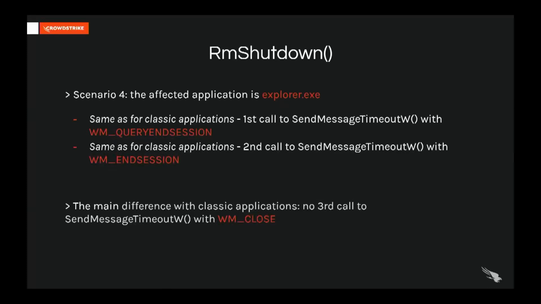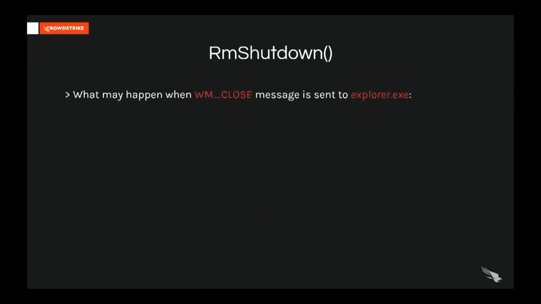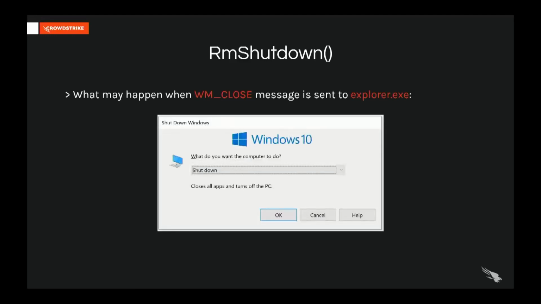So when I first saw that, I was wondering, why can't we send WM_CLOSE to explorer.exe? And I figured that when you do send WM_CLOSE to a session that does not have an explorer.exe window active, so you don't have any File Explorer open in your session, you would get this pop-up that asks you, hey, do you want to shut down the system? And since the Restart Manager's whole goal is to avoid the shutdown, of course, this is not what we want.